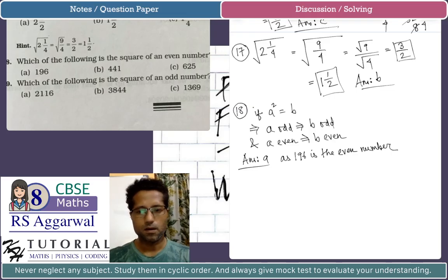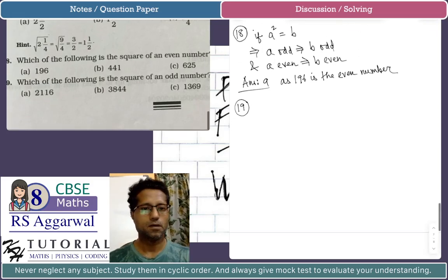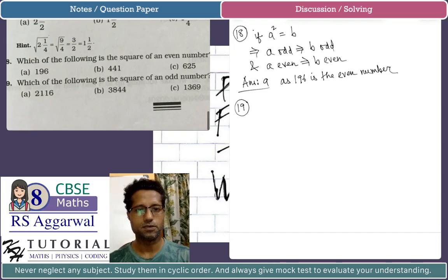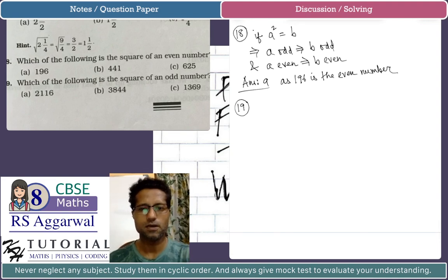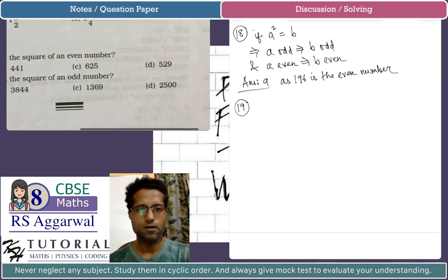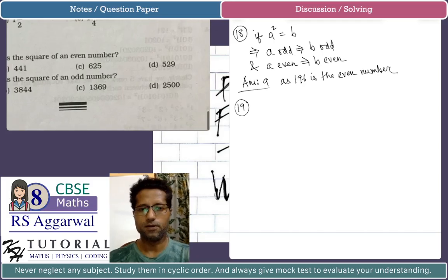Okay, question number 19. Which of the following is the square of an odd number? So it's similar. We have to select the choice which is an odd number, and obviously we see the odd number is 1369. All other numbers are even.